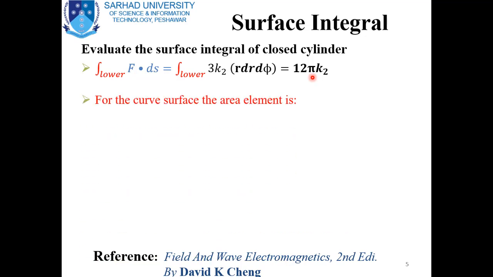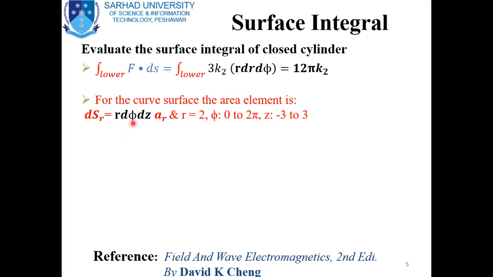Now for the curved surface, the area element dsr, this means that this area is now parallel to the radial direction, and this must be made by the other components of the cylinder, which are phi and z.